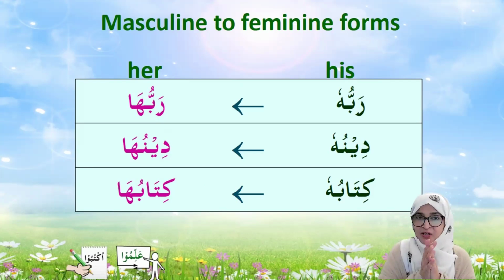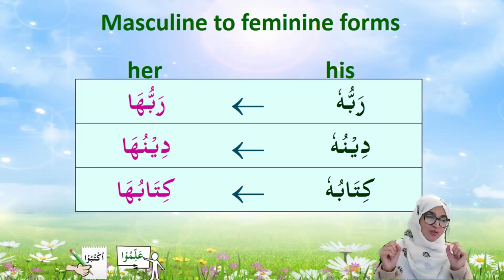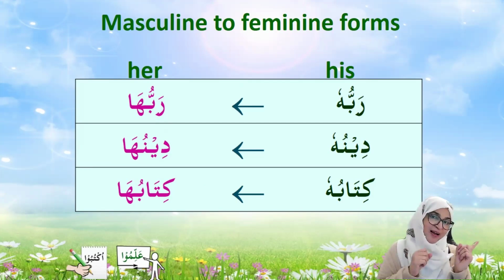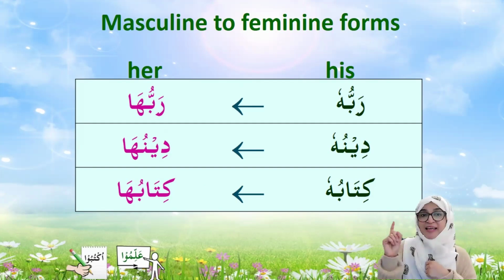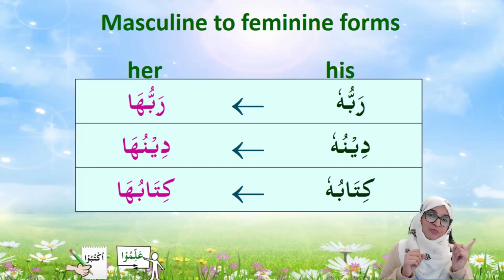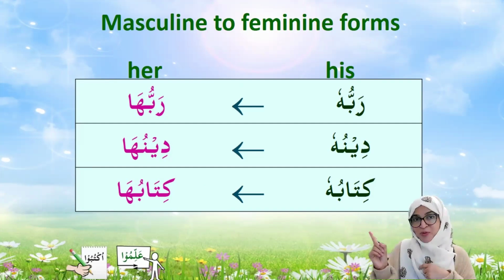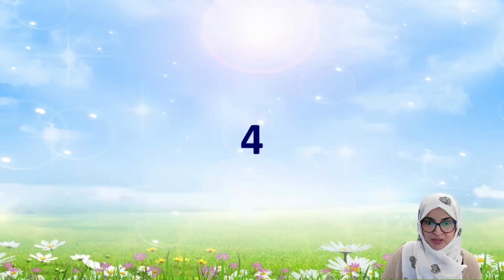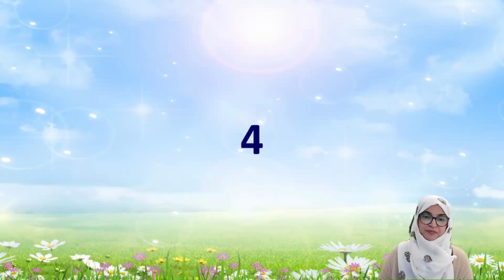Whenever you read Quran, you will just remember the hands. Dinuhu, Dinuha. Same way. Kitabuhu, Kitabuha. So we have learned this just by adding ha, the who changes to ha, and it turns into the feminine gender.